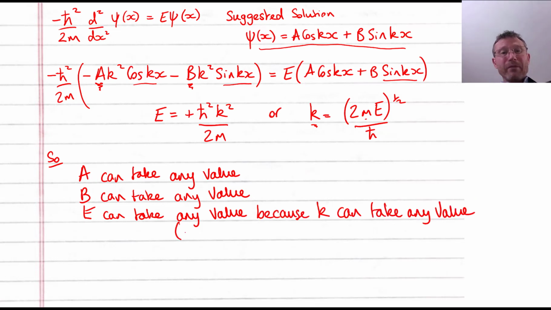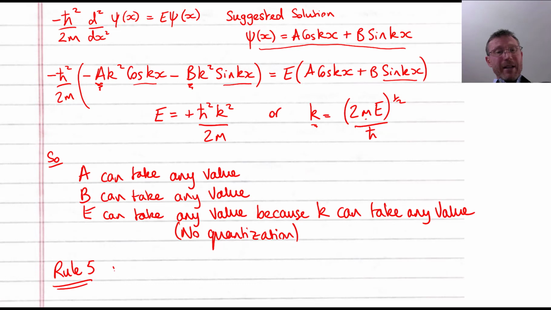So we can say in here there's no quantization apparently. So what is needed next? Well, if you think about the rules that I provided, we still have to consider rule 5. Okay, and rule 5 is really apply these boundary conditions if there are any.